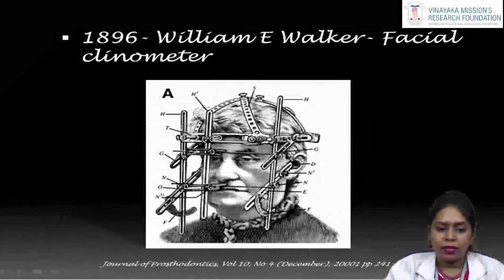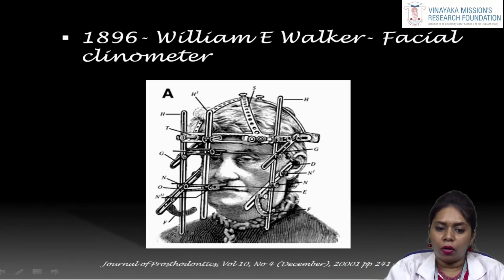In 1896, William E. Walker produced the first adjustable condylar articulator. This instrument featured adjustable controls for recording variability of the downward as well as the forward movement of individual condyles, and controls for variable lateral and vertical rotational centers.